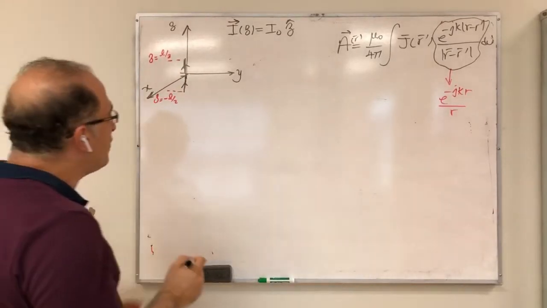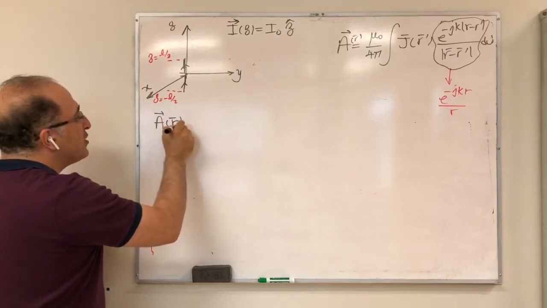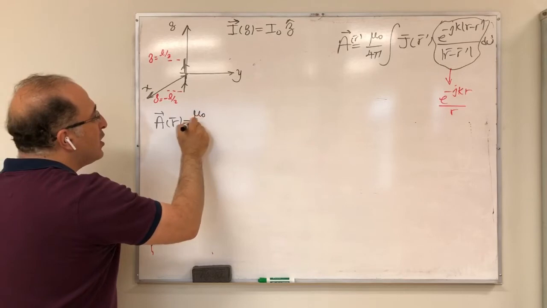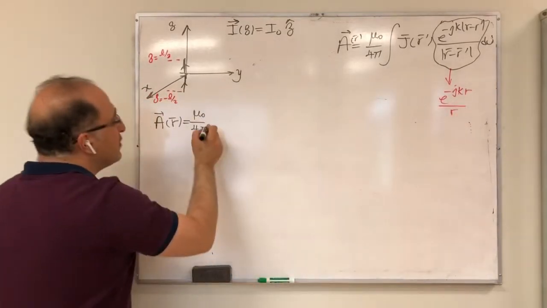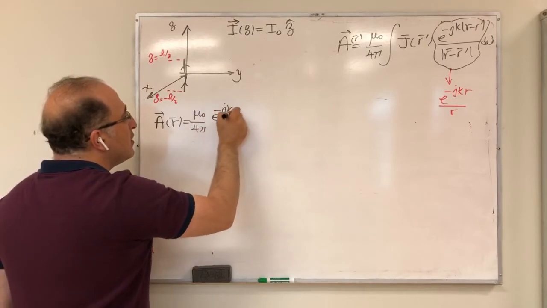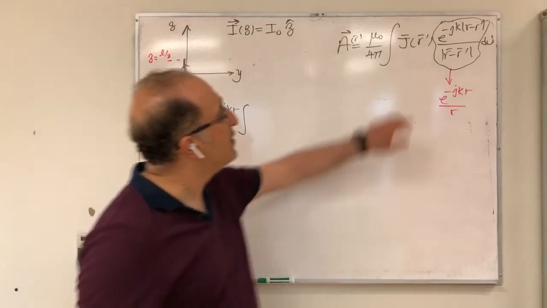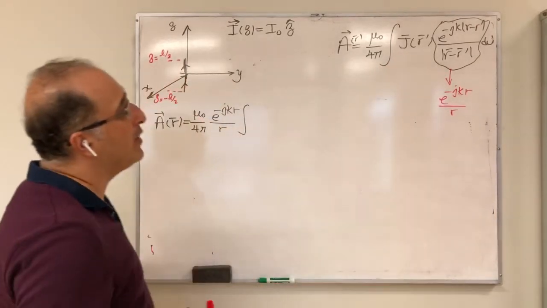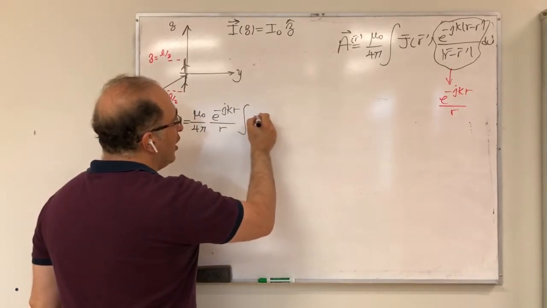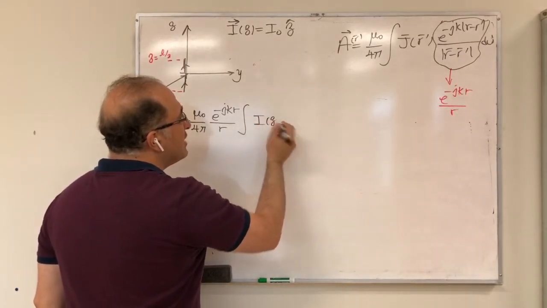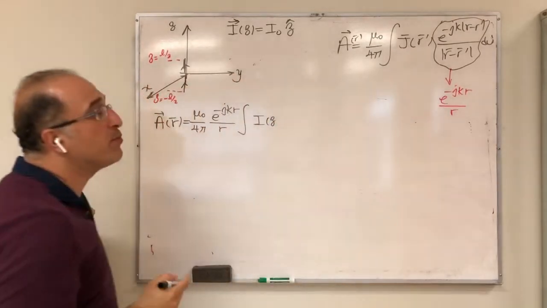So if I start my calculation, I'm going to say A at observation point R is mu naught over 4 pi. Then I can take it out from the integration. And now the current density is essentially my current on a line, so I'm just going to write I Z, or you could write Z prime to be consistent with the prime coordinate.